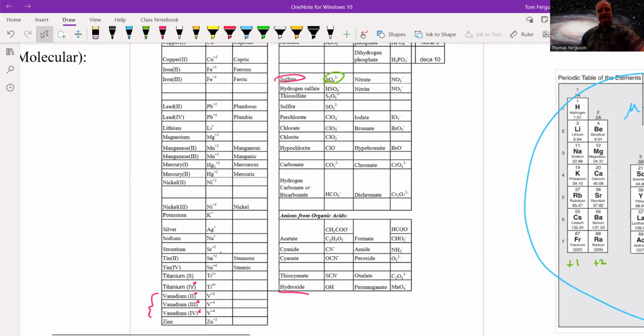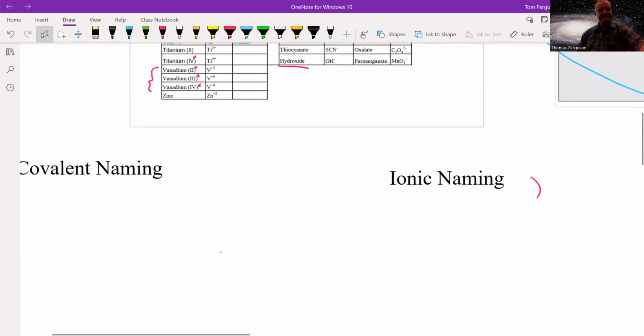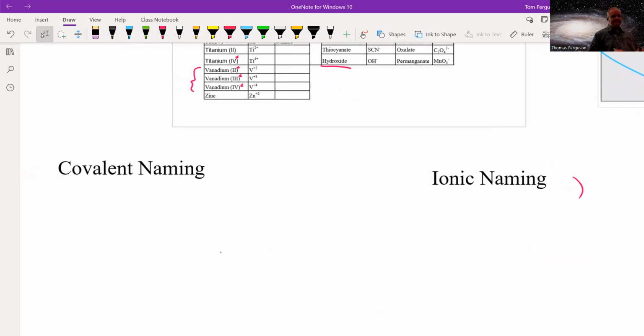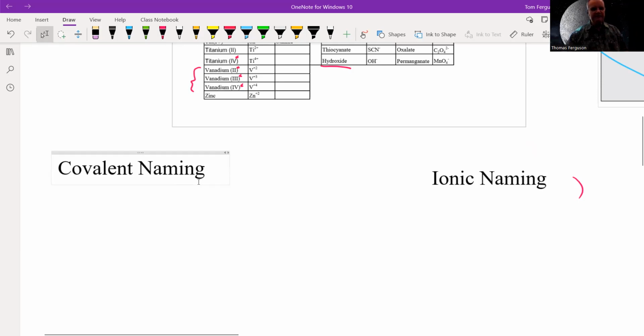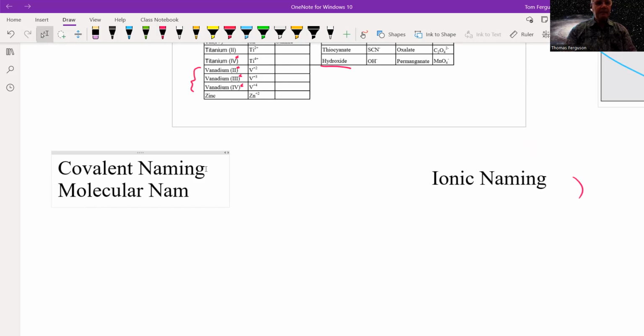All right. So we are going to name 2 kinds of compounds. Covalent naming, sometimes this is called molecular. Let me write this down. In fact, I think your dry lab uses the term molecular versus covalent.